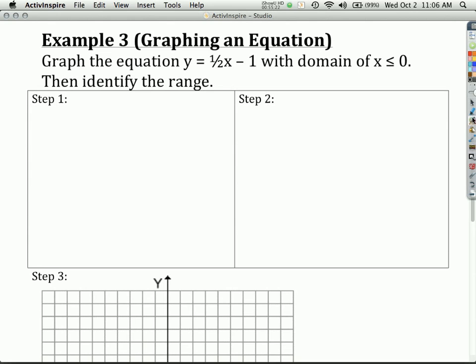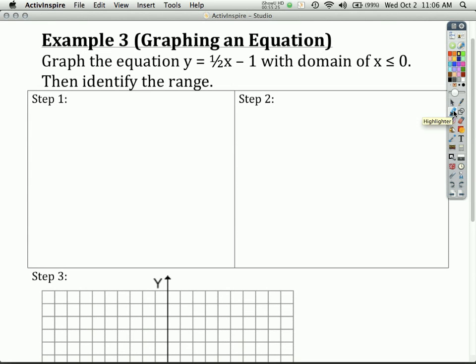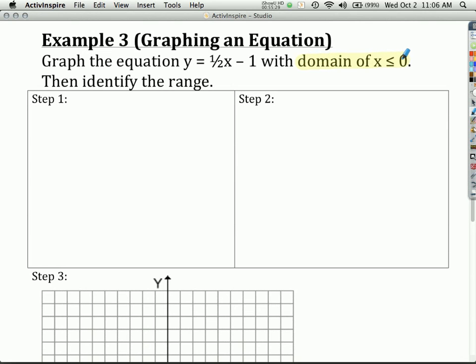But now we're given a domain, whereas before we were not. And the domain is written in this unusual format that we're going to try to understand. And then we are also asked to identify the range after we're done. That is also a challenge. But let's not worry about that yet. Let's just follow the steps.